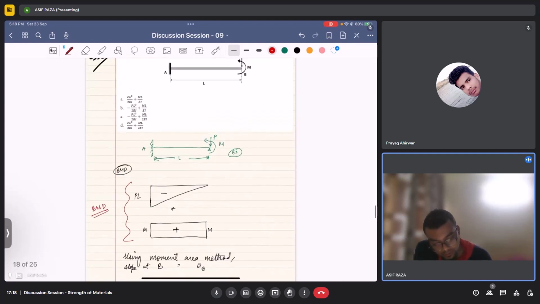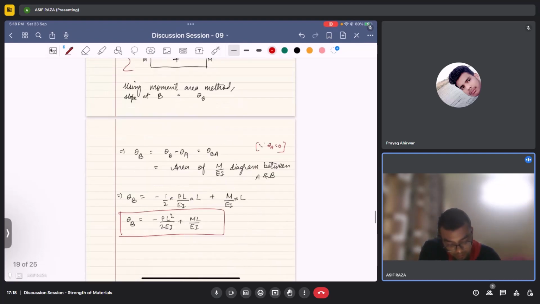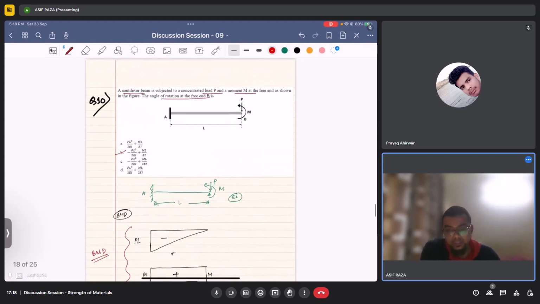Thus our answer would be option C. No, not option C, option B, minus PL square by 2 EI plus ML by EI. Okay, yeah.